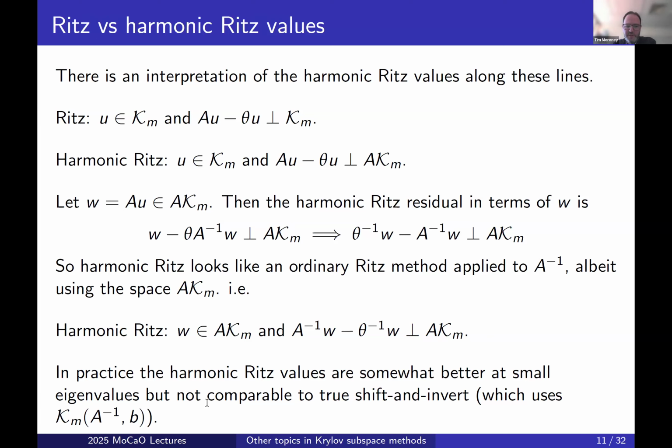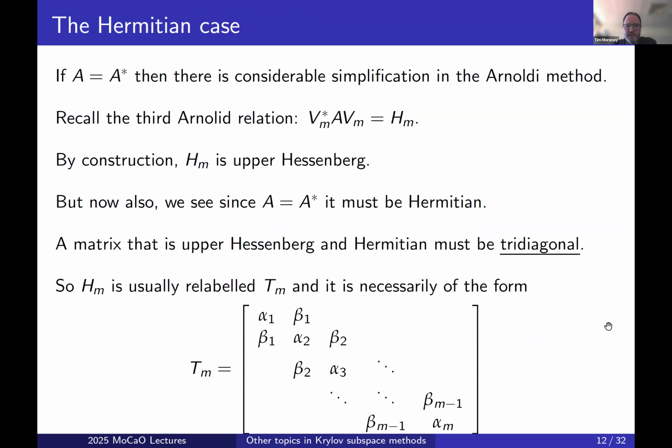So this is not shift and invert, where we did a hard job of building up the Krylov subspace with A inverse. This is an idea, and that idea is why we call this harmonic Ritz. That's where the harmonic comes from, because we're looking at the reciprocal problem. And they are, in practice, observed to be somewhat better at small eigenvalues, but not at all comparable to a true shift and invert. But we are still going to find a use for this later on today.